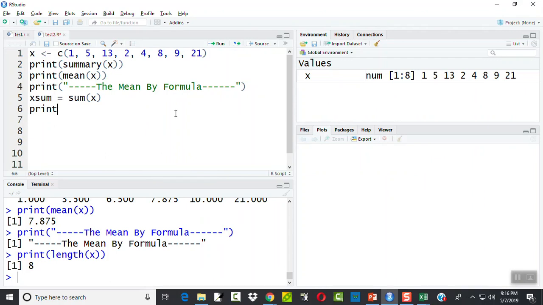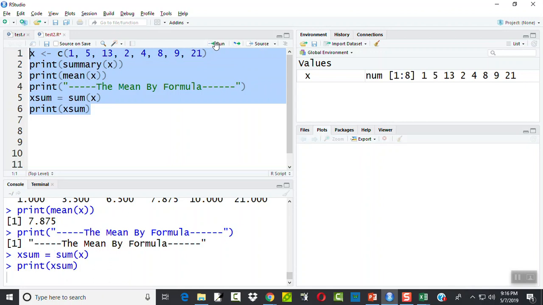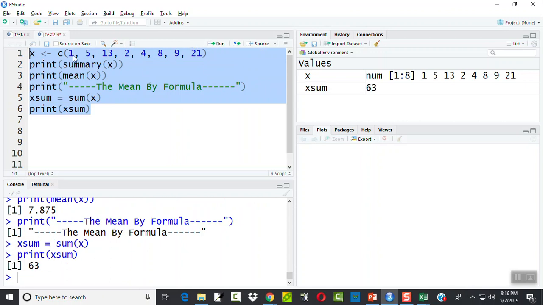And then if I print that, it's always good when you're doing these to do it a piece at a time. Don't try to write your entire bit. 63. Does that seem reasonable? I should have chosen smaller numbers. 6, 19, 21, 25, 33, 42, 43, 63, 63. Okay.